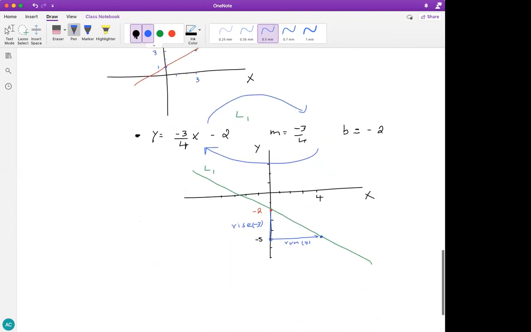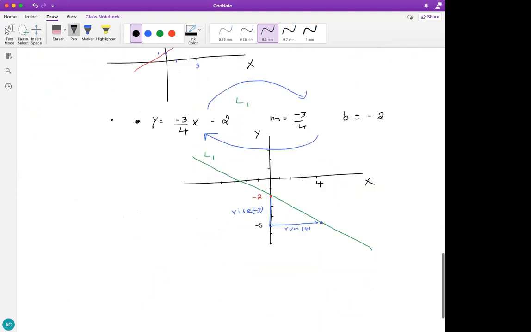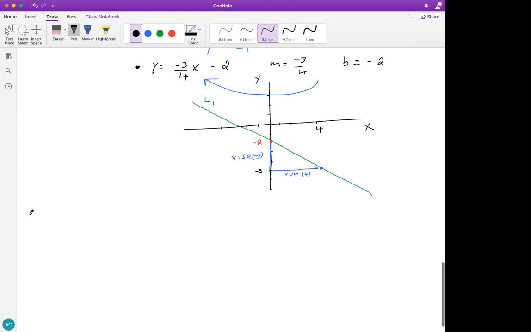So let's call this a writing. This would be number 5. Writing equations using the slope intercept form.